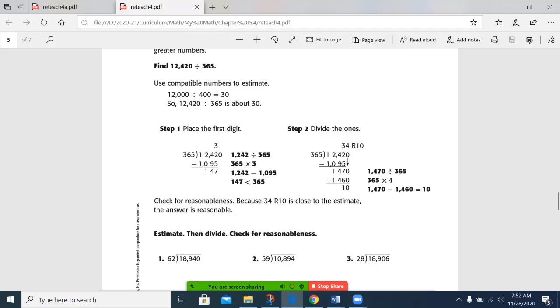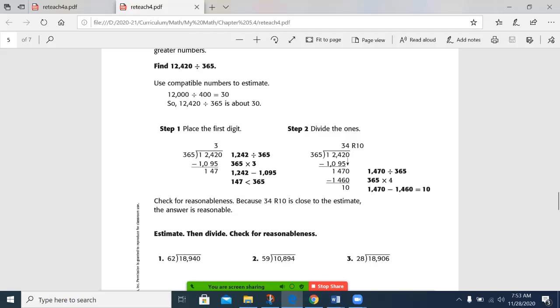And then we had a 3 as part of our estimate, so we'll start there. Now once I put that 3 in the tens place, I multiply that times the divisor, and I get 1,095. I subtract, I get 147. 147 is smaller than 365. We bring down a 0.